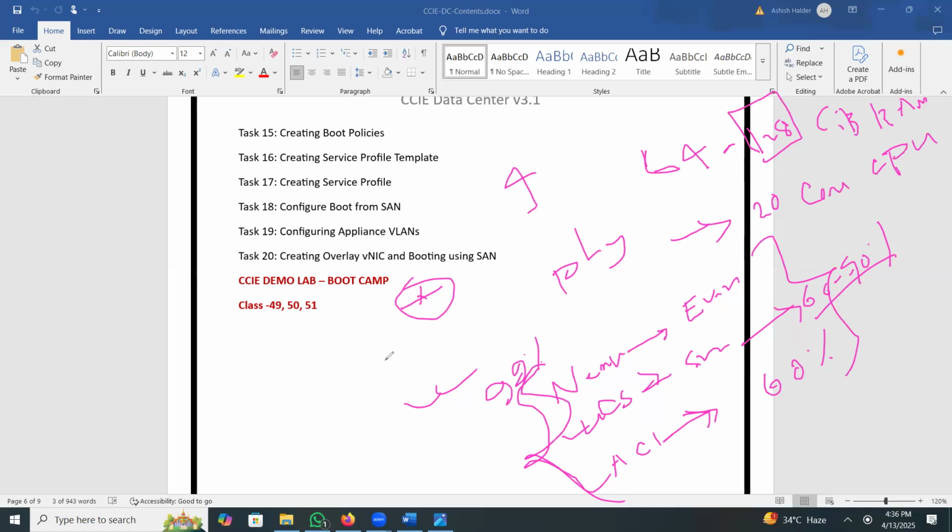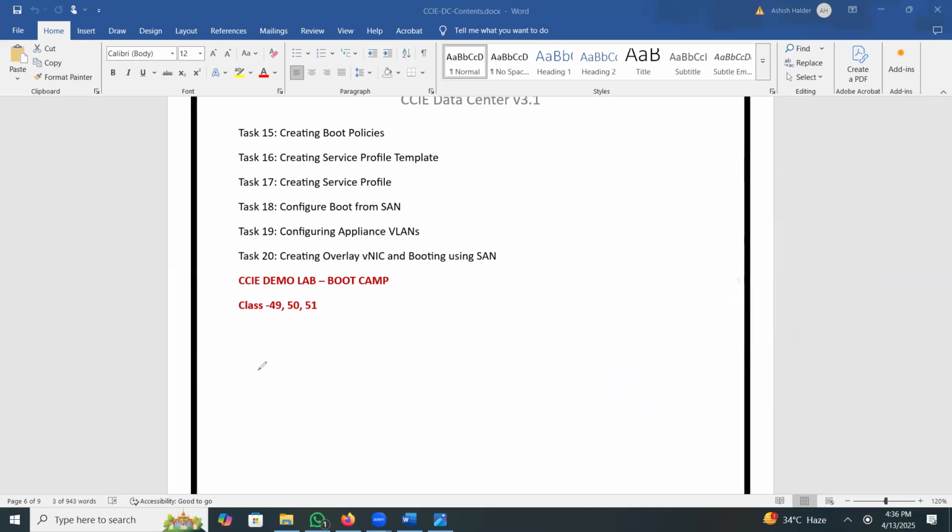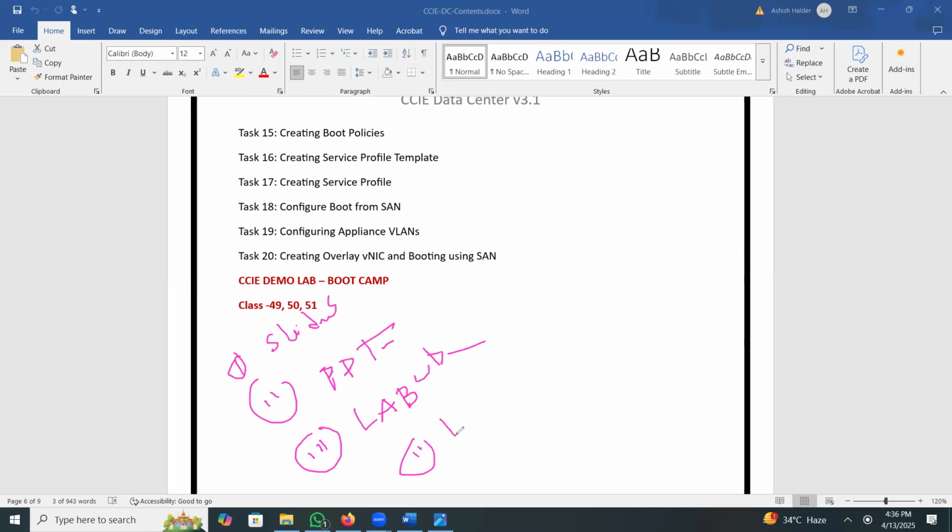I will also give you some resources: the slides for each day's class, the PDF documentation, the step-by-step lab configuration documents, and the images. All the classes will be recorded, and I will share the recordings. This is an extra benefit.